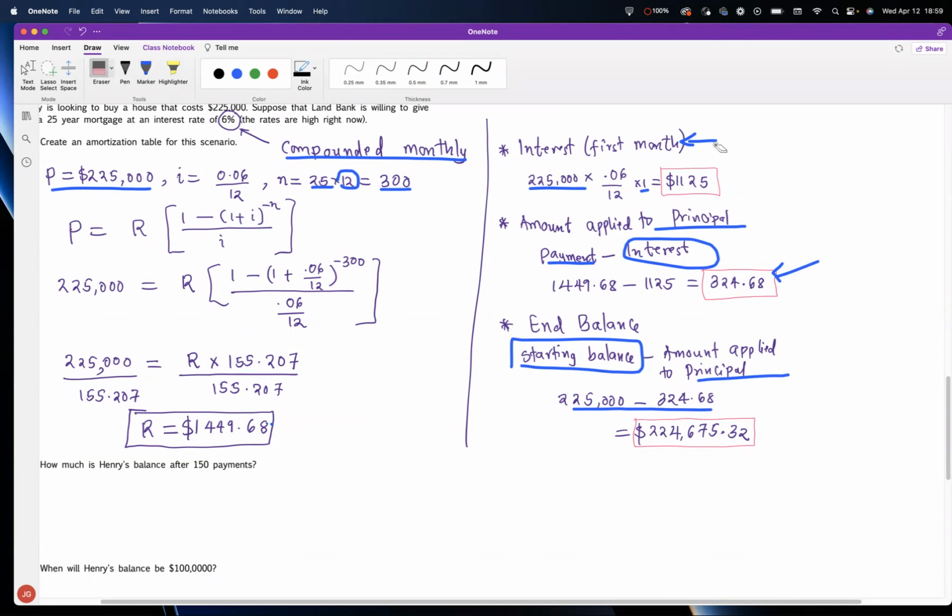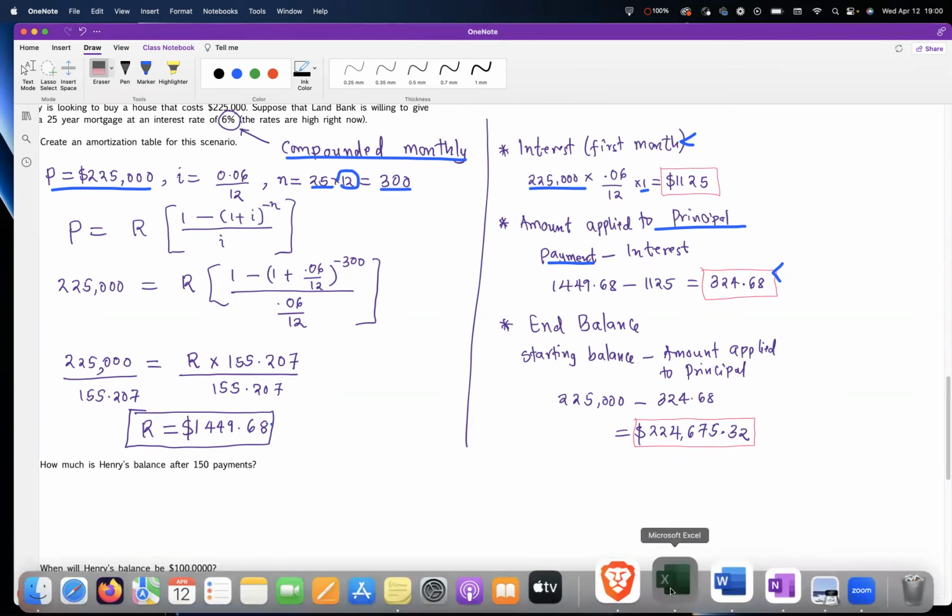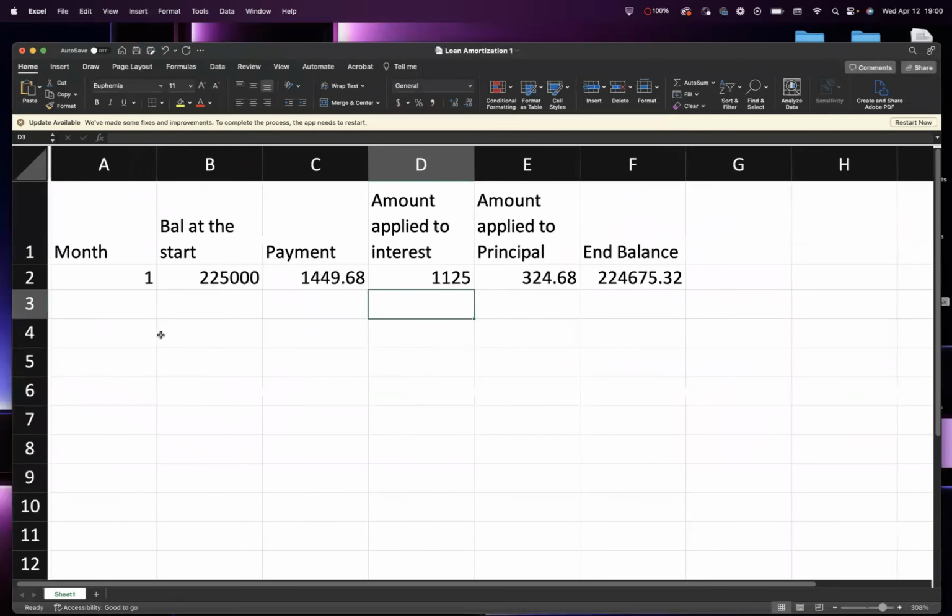Most problems for loan amortization will follow this same pattern. So just practice for yourself, make sure you are able to do it. Now I'm going to transfer all this information to my amortization table, first row. I have done that already. So here we go.